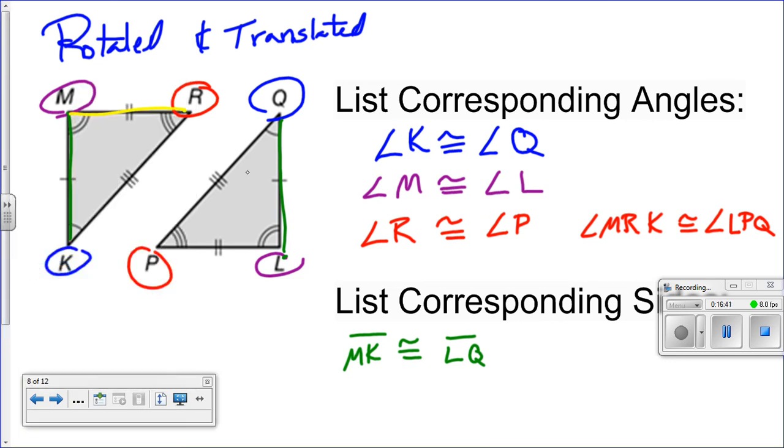Next one. These two, this might be a little hard to read. Line segment MR is congruent to line segment. Okay, so I gotta go what corresponds with M, and that's going to be LP. And why did I write Q? It's LP.